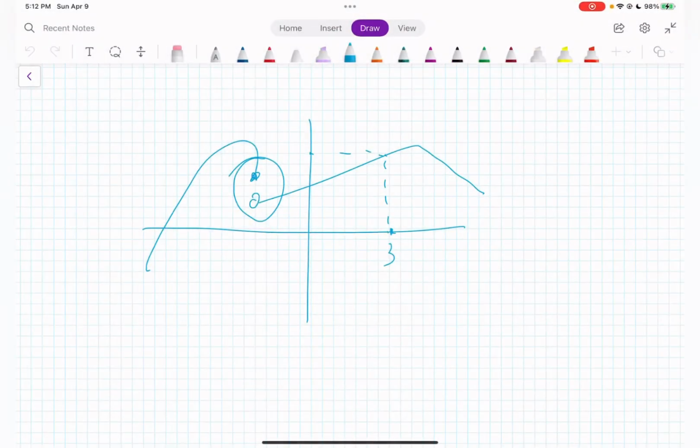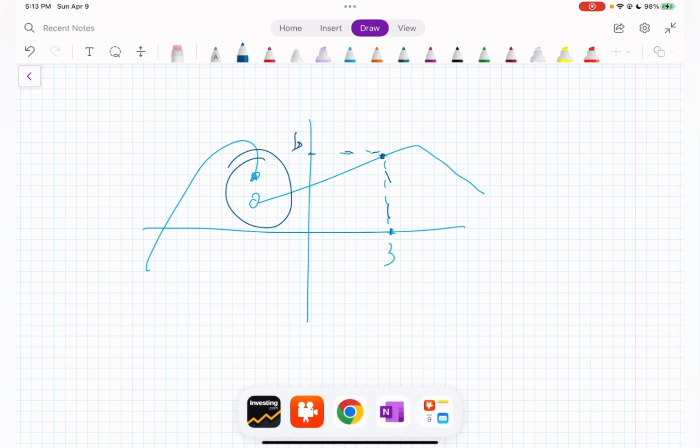Actually, here I have it already. We are facing just the value of 3, right? There is no hole, no break. The break is here. Therefore, I'm going up and finding the value where x is equal to 3. So let's do it.